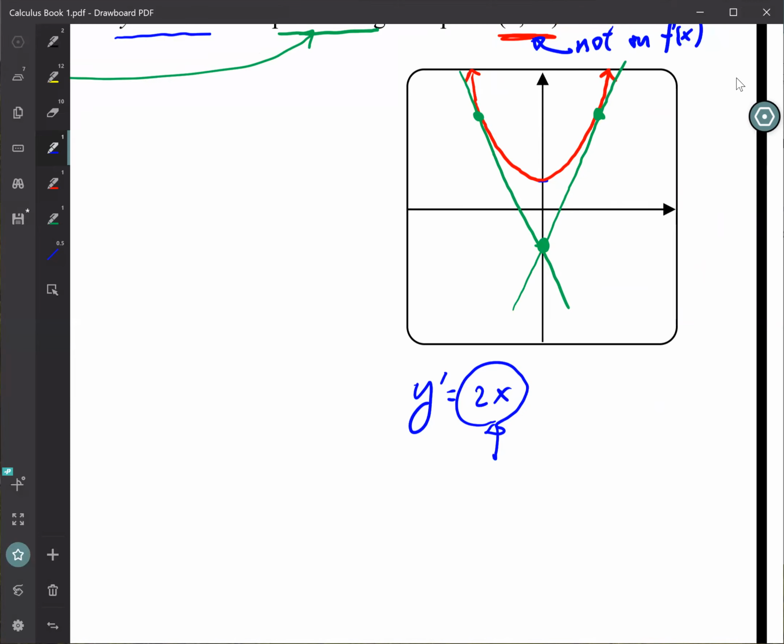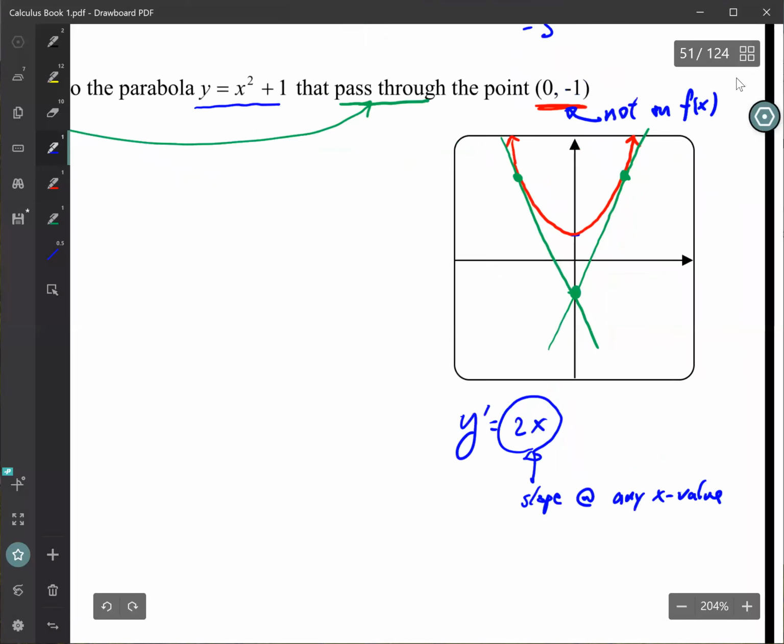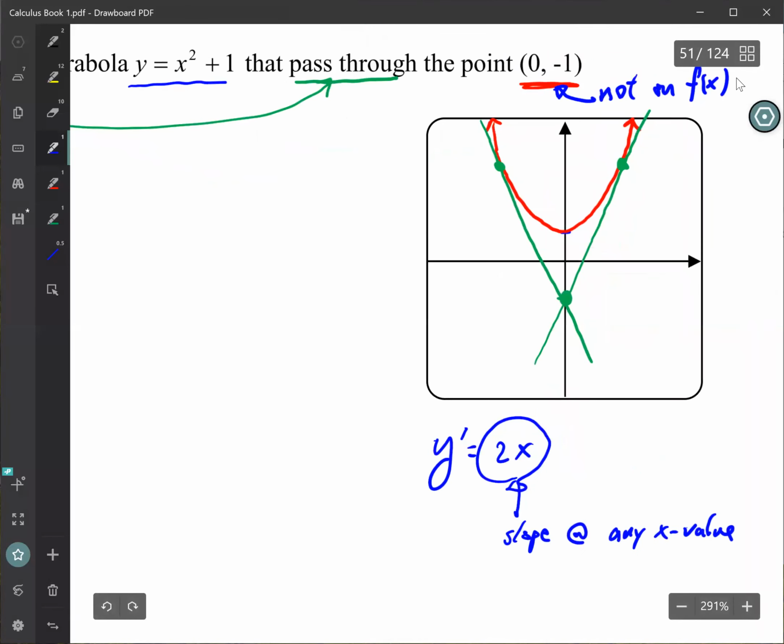The slope of the tangent. Yeah, so it's the slope at any x value. Okay. Wait, but then if the point is 0, -1, isn't my slope 0? Well, the slope will be 0 if you plug in 0.